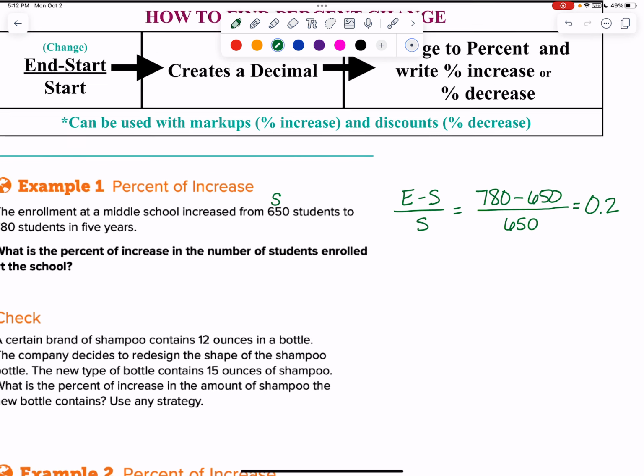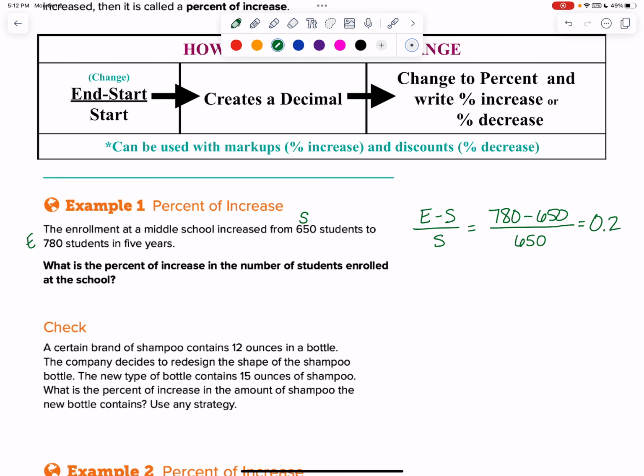Now that we have that, remember that creates a decimal. That's this step right here. Now that we've created a decimal, we need to change that to a percent. How do we change that to a percent? We multiply by 100. So I have my 0.2 and I multiply by 100, so one swoop and two swoops.